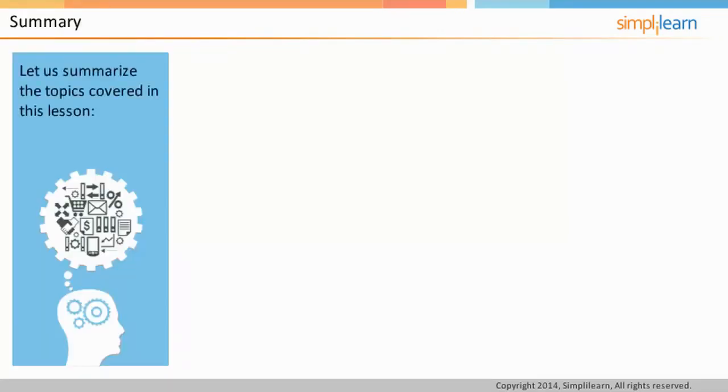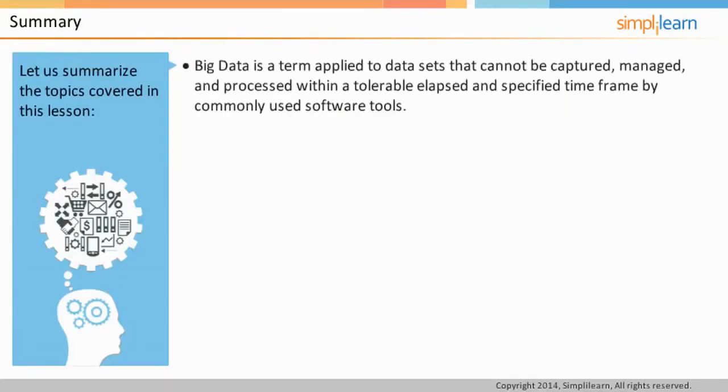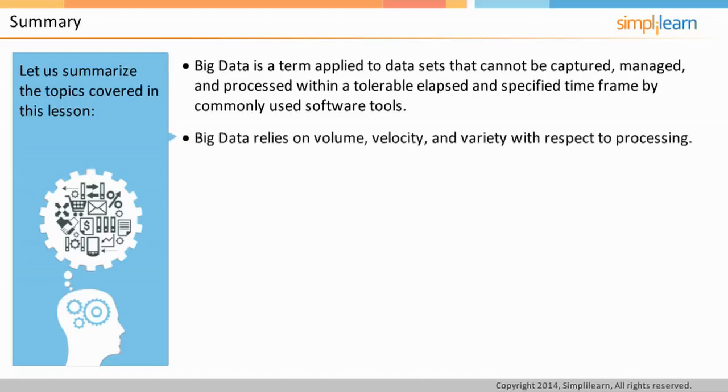Let us summarize the topics covered in this lesson. Big data is a term applied to data sets that cannot be captured, managed, and processed within a tolerable elapsed and specified time frame by commonly used software tools. Big data relies on volume, velocity, and variety with respect to processing.